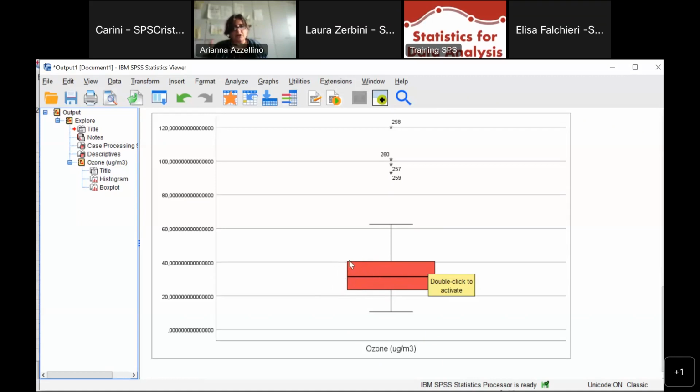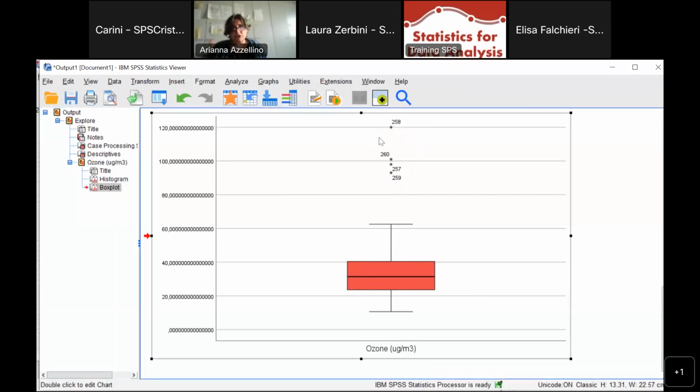So using the box plot approach, any observation which is higher or lower than the upper fence of the box, that is the 75th percentile, by more than 3 times the height of the box, the interquartile range, is shown in this chart as a star. So the stars are extreme outliers.